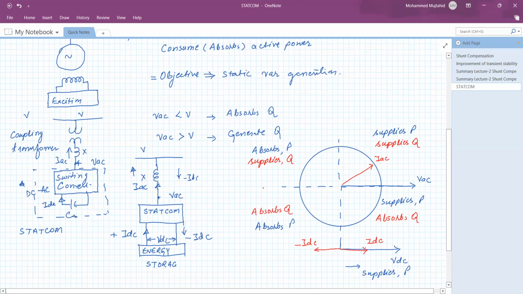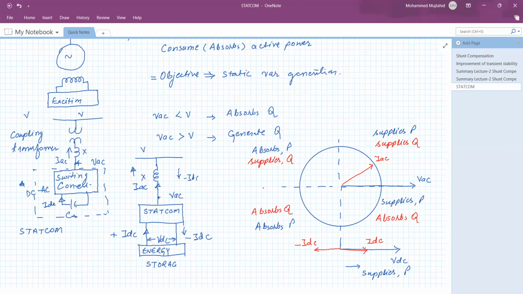So what is the advantage of Statcom over the TCR and thyristor controlled reactor and all these things? When it is connected with the energy storage system, during transient conditions it supplies some reactive power or consumes reactive power to mitigate the oscillation in the system.